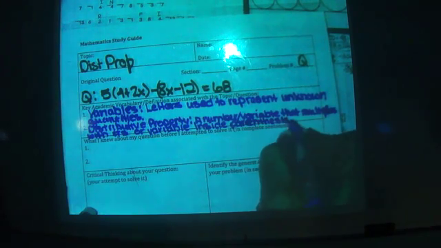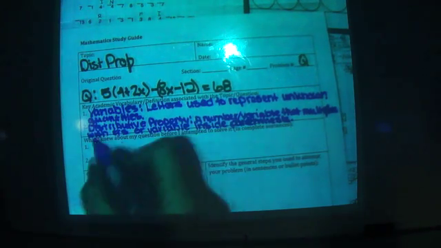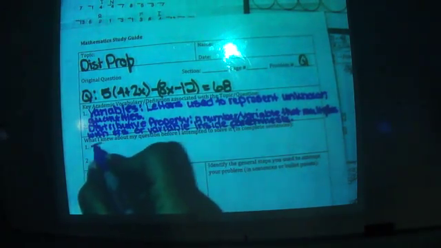What do you know about this question before we start? That's a good start. I mean, there's a whole lot more to it, but it's not a bad start. We're just learning how to do our vocabulary words. What do we know about this problem before we start? There are parentheses. We're going to have to use the distributive property.